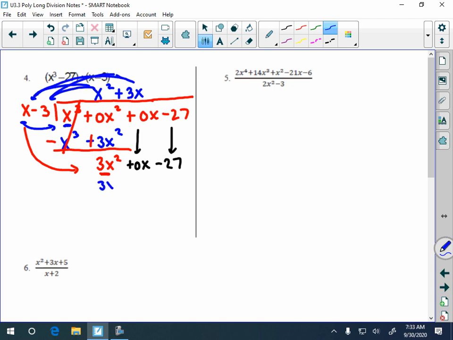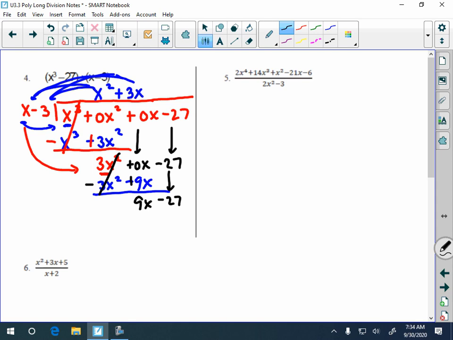So the x squared minus 9x. We'll draw a line underneath. Change both signs to their opposites. Add down. So the first terms cancel out. They always have to cancel out. Okay. So now when we add 0x plus 9x, that's 9x. Bring down the minus 27.